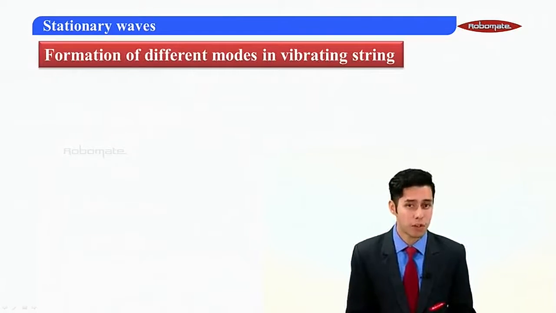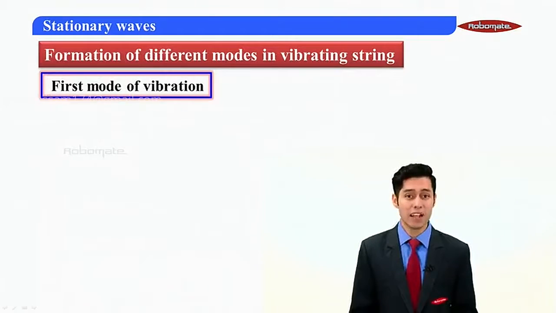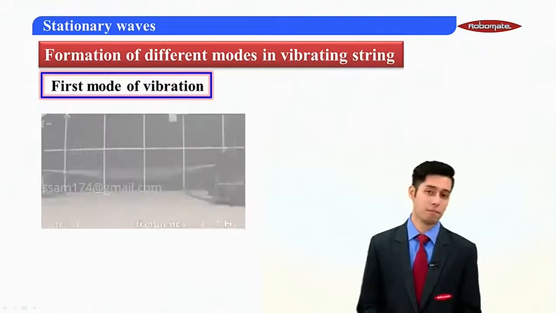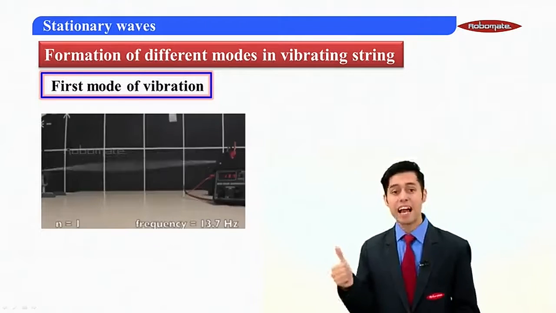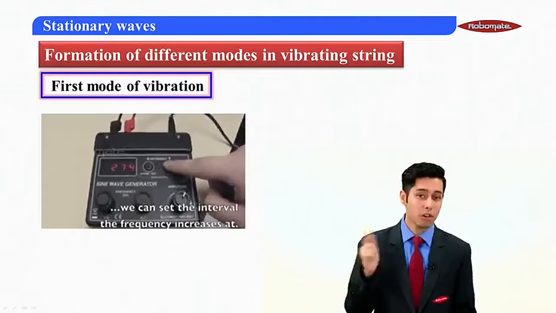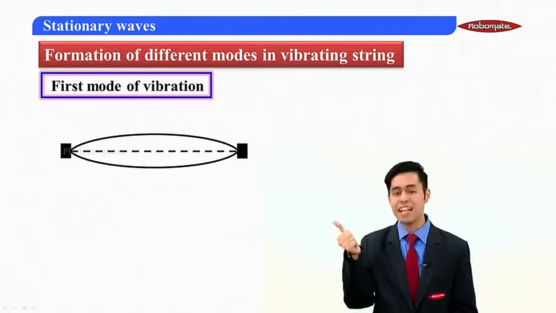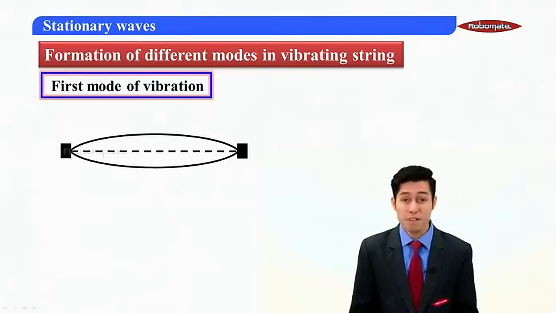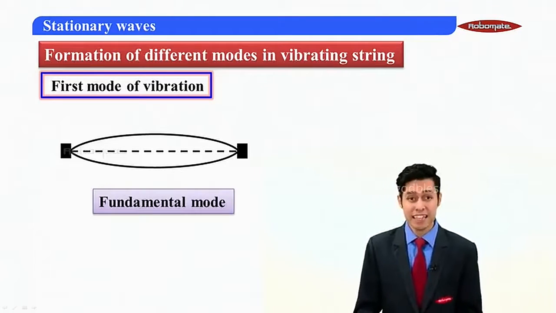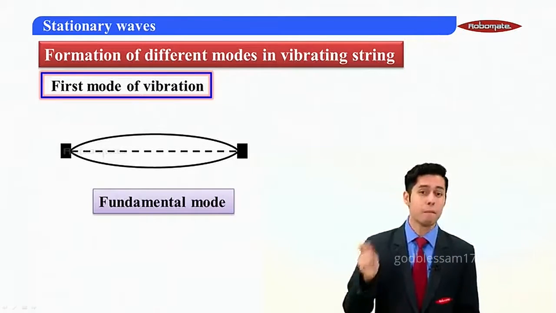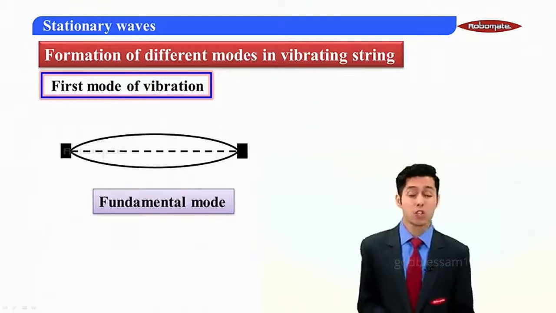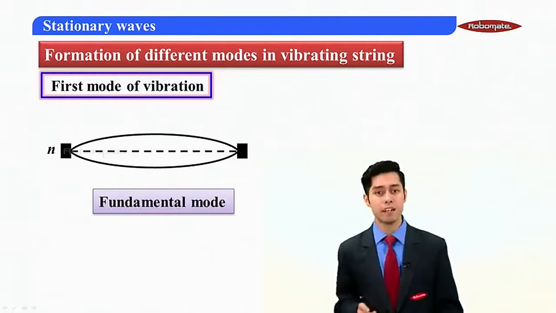The first mode that we are going to study is called the first mode of vibration. You can see the animation. In the first mode of vibration, we can closely observe that a structure like this is formed if I have to represent it in a diagram. In this case, this is the basic mode of vibration, so I call it the fundamental mode.